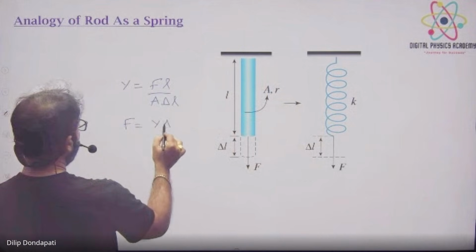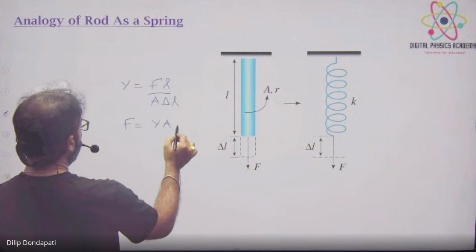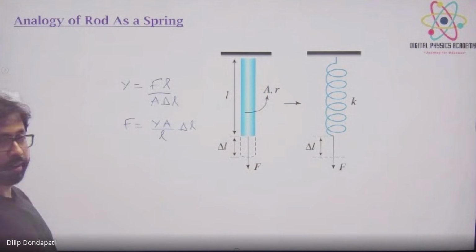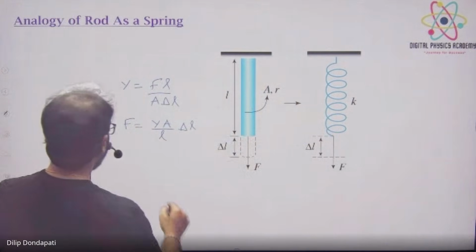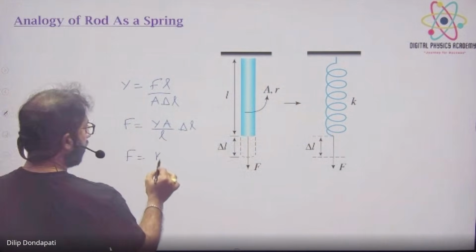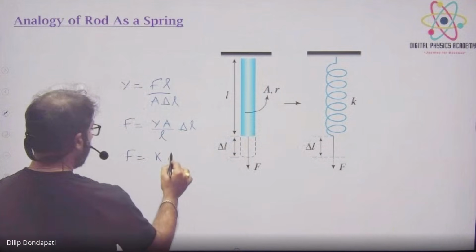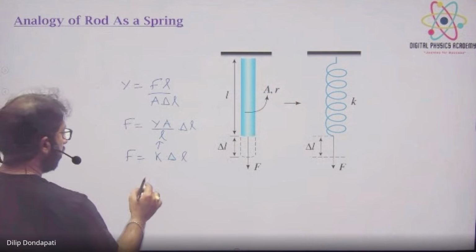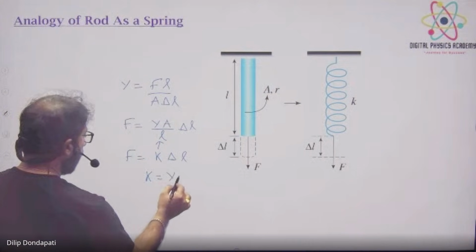Y A by L times delta L. This is a force we are calculating. And spring force का formula क्या है? F equal to K times of delta X, nothing but delta L होंगे. If I compare, what is K value? Spring constant K का formula है Y A by L.